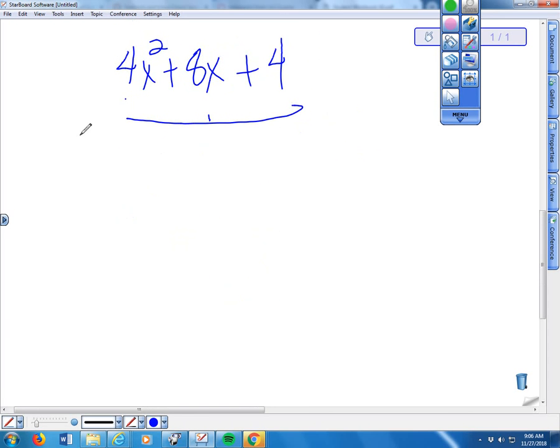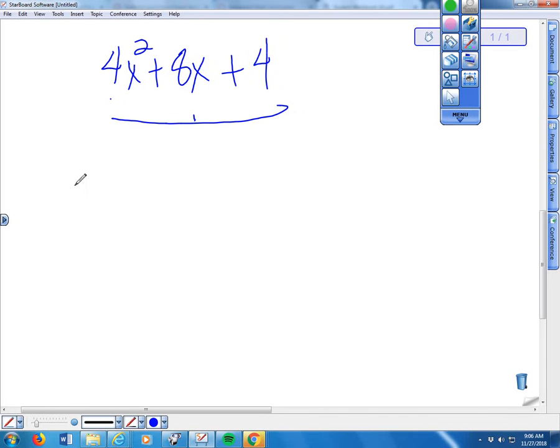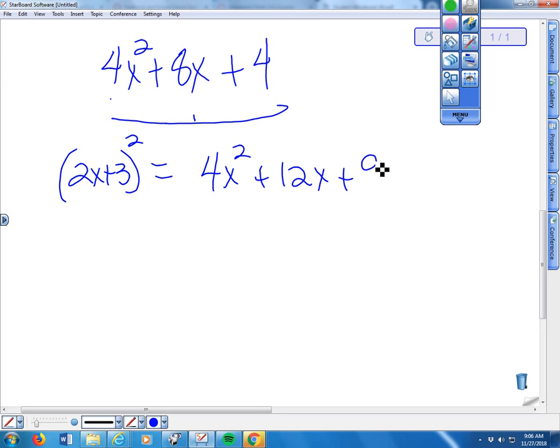Okay, let me do another one. Everybody agree with that? Yeah. So what I'm trying to show you is a way to recognize this and factor it without having to do the special way we learned yesterday. And it only works when the bookends, the leading term and the constant, are perfect squares.